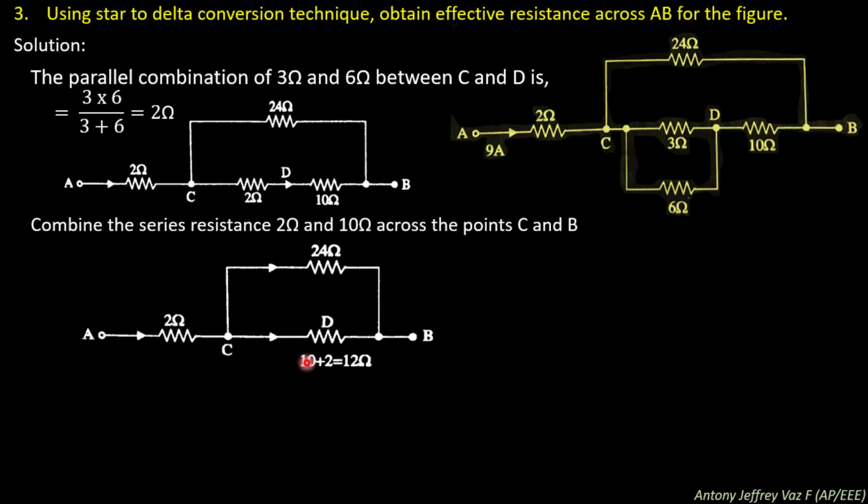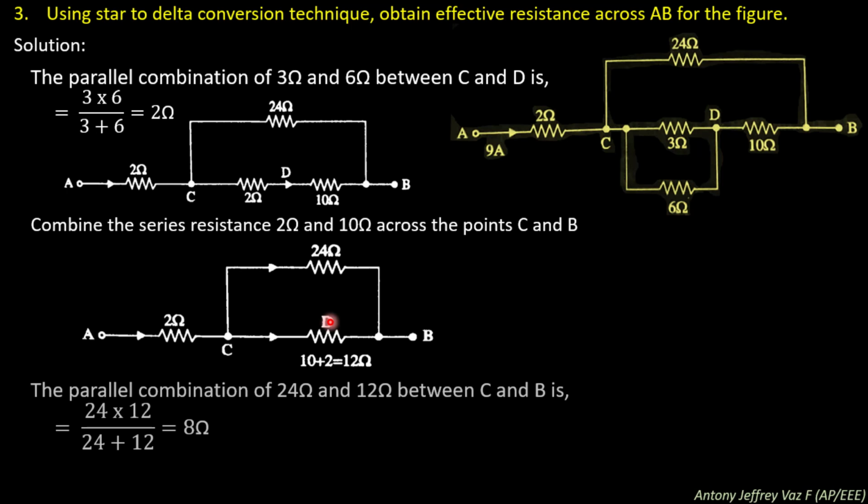In the next step, you need to convert this circuit. You can check these two resistors are now in parallel. So you can use the formula (1/12 ohm + 1/24 ohm) whole inverse. You will get 24 into 12 divided by 24 plus 12, which will be equivalent to 8 ohms.